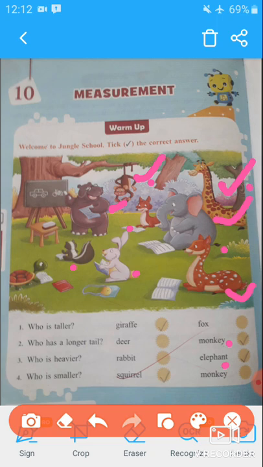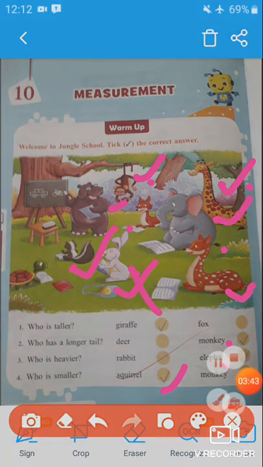Of both of them, who is smaller? Sorry, squirrel is smaller. So you can take squirrel here. So this question is completed now.